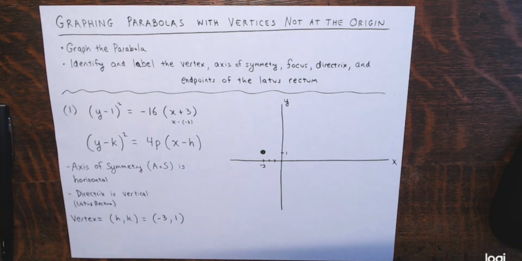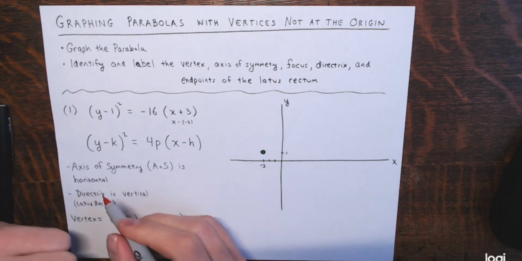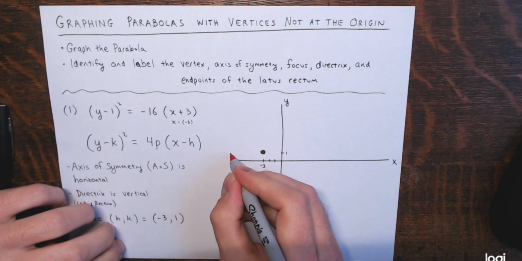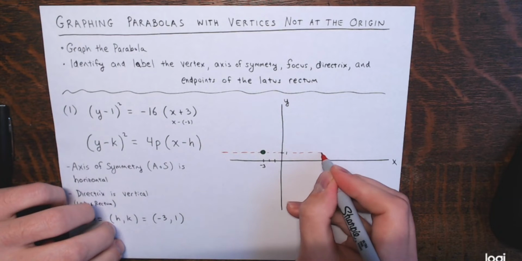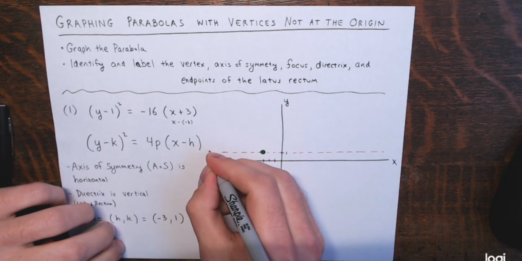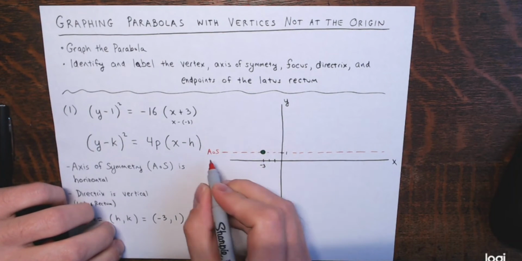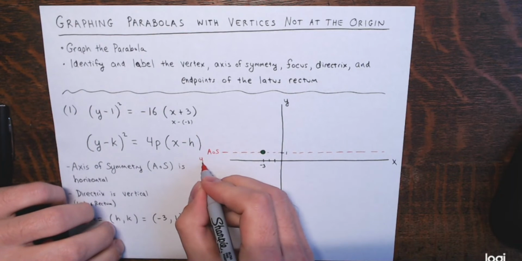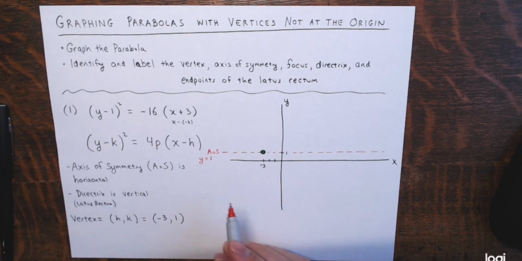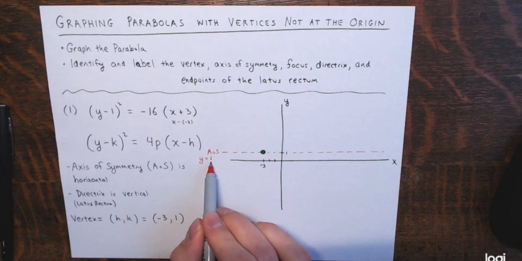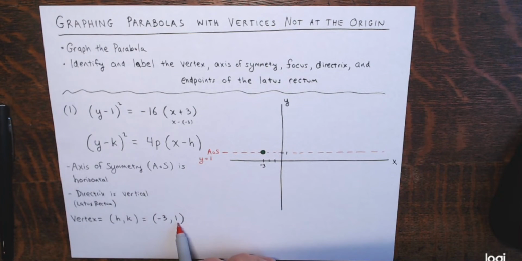And I said it earlier, the axis of symmetry when y is squared and x is not is a horizontal line. So draw a horizontal line through this vertex, and there's the axis of symmetry. And being a horizontal line, the equation is going to be y equals some number, and that's y equals 1. It's just going to be y equals the y coordinate of the vertex.